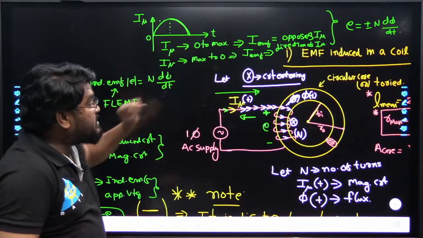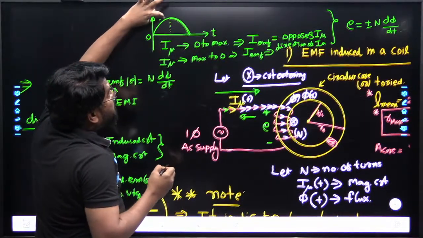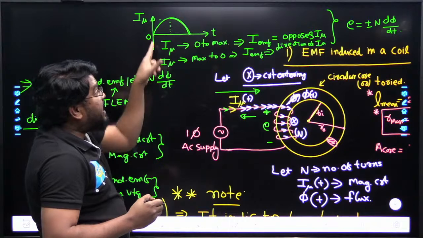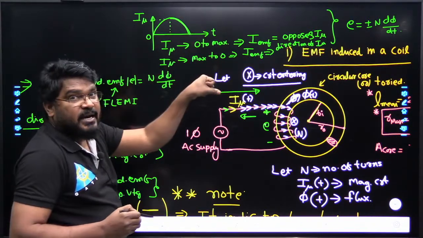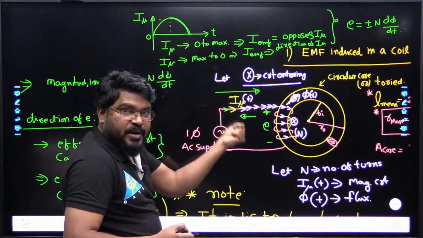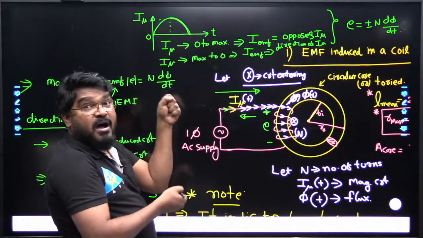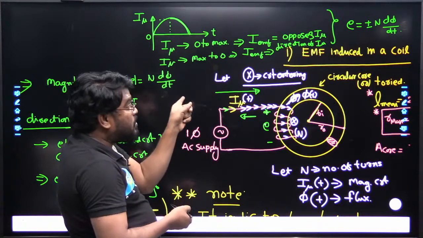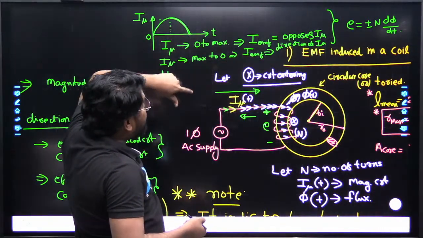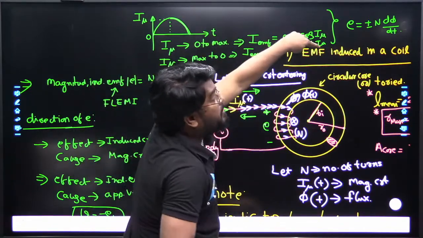In general, suppose I start from here, from 0 to the maximum value, the current progressively increasing. Which current is increasing? The magnetizing current. In order to reduce this current, the induced current must be in the opposite direction, reducing it to 0. Whenever it decays to 0, the induced current is in the direction of the magnetizing current.